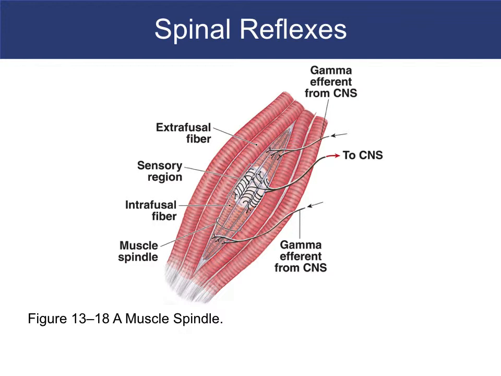Based on how much it stretches, it sends fibers back to the CNS, and we also get signals sent down from the CNS to tell us to keep our muscles at a certain tension level. I think you should know about these guys. Read about that in the book.